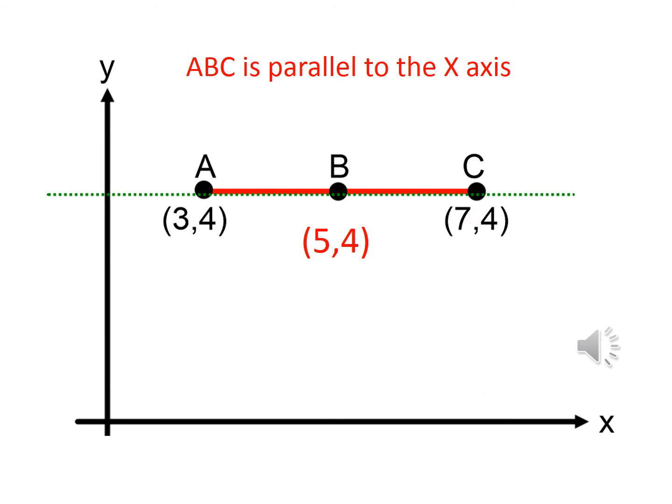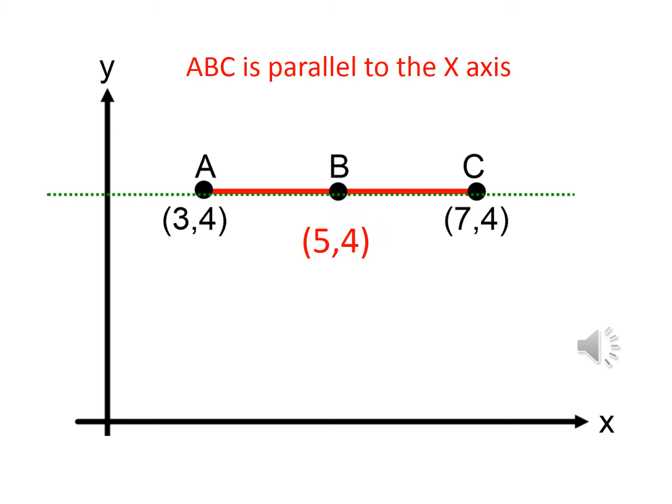And we actually know at what point those are on the y-axis, because we're told that the y-coordinate for A is 4, and the y-coordinate for C is also 4. And if the y-coordinate for A and C is 4, because B is on the same line, the y-coordinate for B must also be 4.